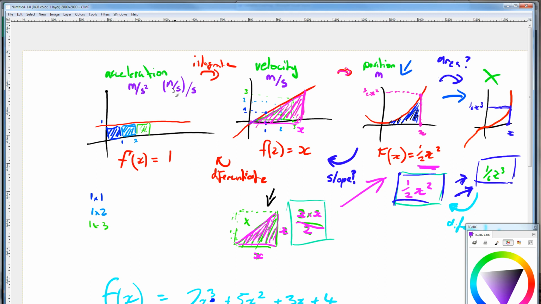It's like we divide by seconds, and we divide by seconds again, which is mathematically equivalent to dividing by seconds squared. Right. That's just my factoring weakness at work again. That's cool. I'm not used to thinking of acceleration as meters per second.